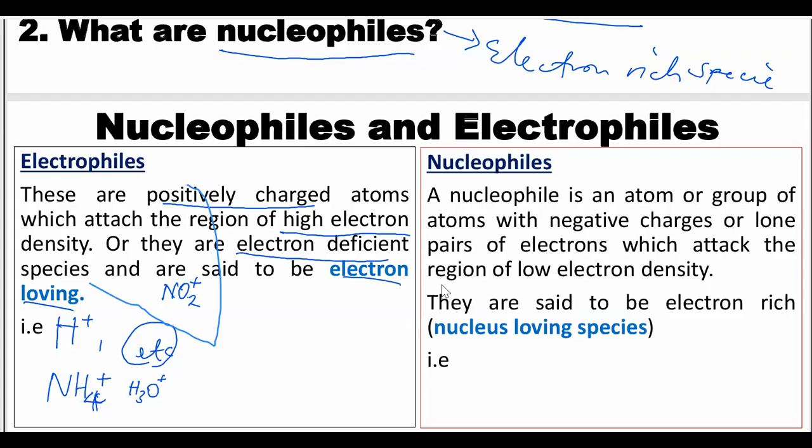Can you give us examples of such species? Can ammonia work? Ammonia, it has some lone pair of electrons. You recall here they say a group of atoms with negative charges or lone pairs of electrons.